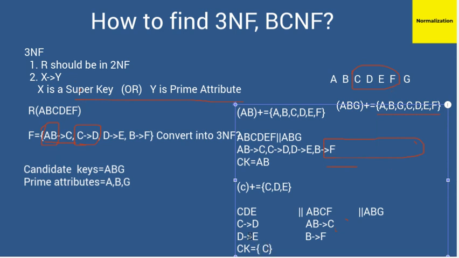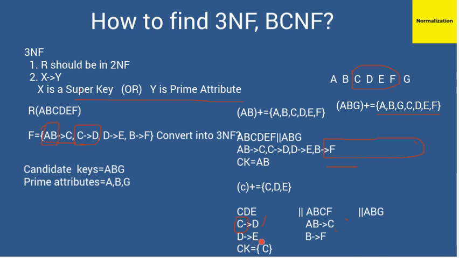And now check whether it is in BCNF or not. So C gives rise to E, so C is the candidate key, and so it is a super key. So it satisfies the property. Then what about the second condition? D gives rise to E, whether it is satisfying or not.